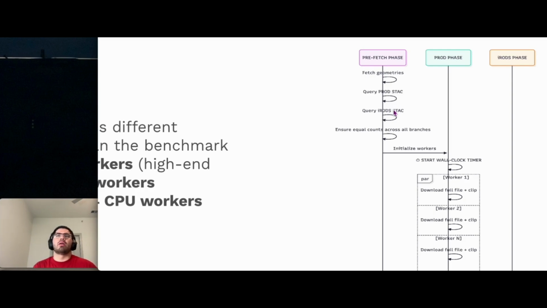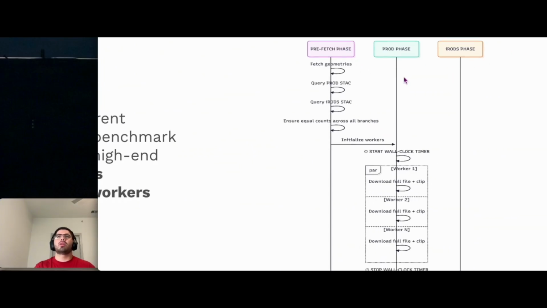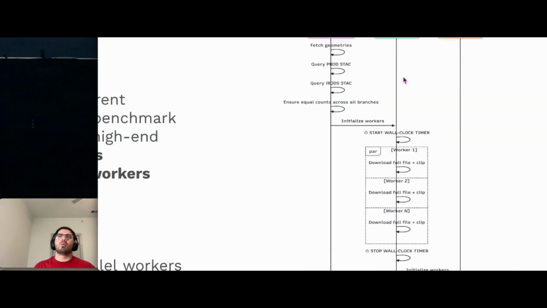We take the statistics of these responses into the benchmark analysis. Afterwards, a prod phase starts. We start downloading the images using workers.